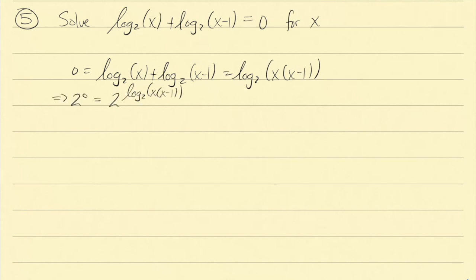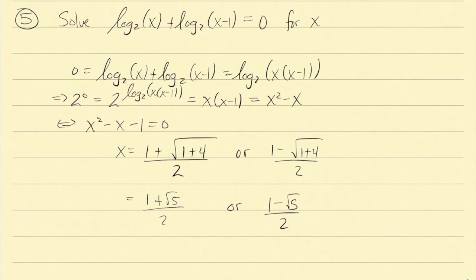Since the exponential and the logarithm are inverses, the right-hand side simply becomes x times x minus 1. Since 2 to the 0 is equal to 1, we can move the 1 to the other side, and this is equivalent to solving the equation x squared minus x minus 1 equals 0. We can use the quadratic formula to get our solutions.